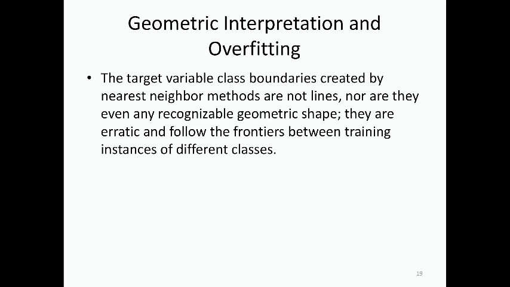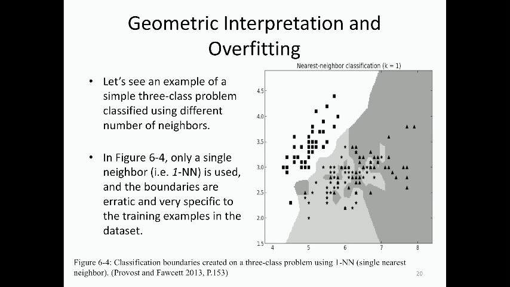The extreme case is definitely when K equals 1, which means that you're predicting an instance's target variable value based on only one nearest neighbor. This is a figure from Data Science for Business by Provost and Fawcett. There are also a lot of other similar diagrams, for example from Machine Learning with R, chapter 3.